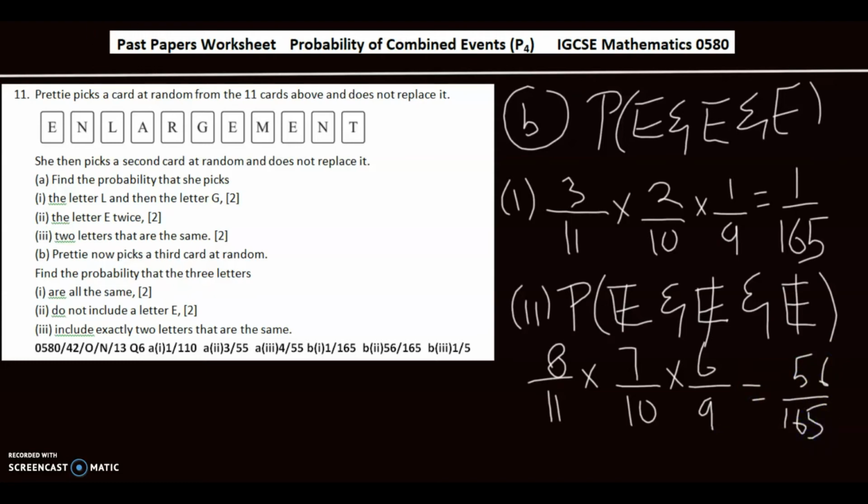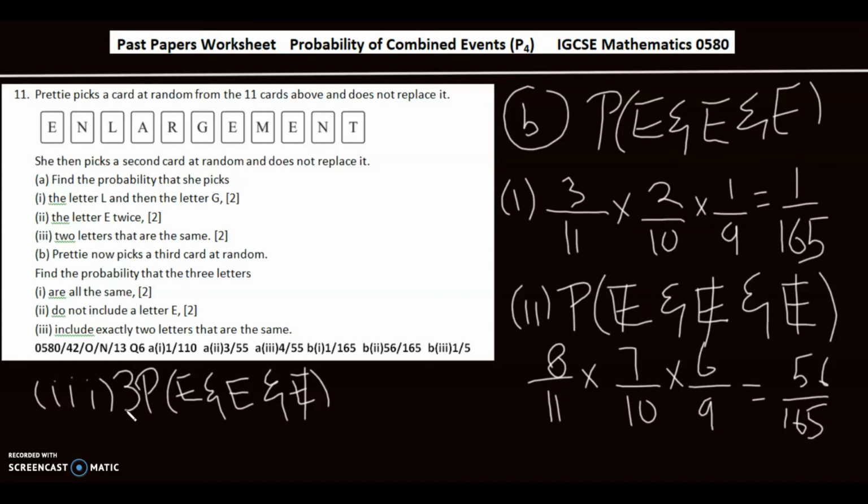Part 3 includes exactly 2 letters that are same, which means that we might have the case probability E and then not E. But I'll have to multiply this with 3 because first may be E, second may be E, and then third is not E, or maybe the middle one is not E, or maybe the first one is not E. So there are 3 cases of getting 2 E's and 1 non-E.